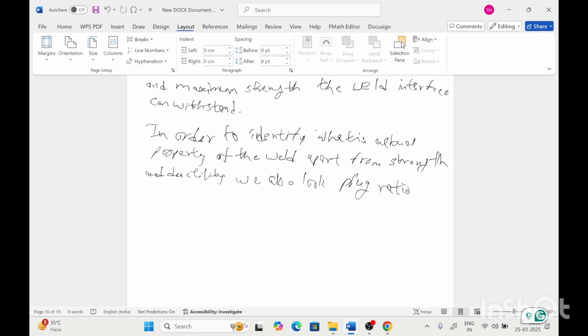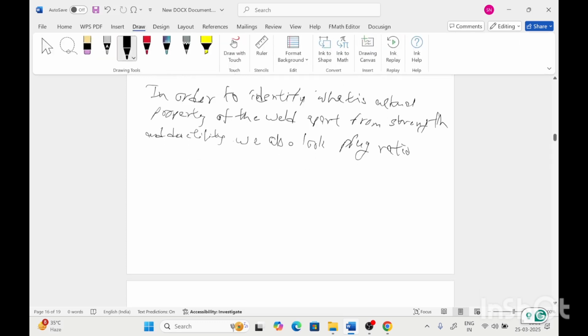So the plug ratio we measure after the failure, whether the nugget is intact or not.